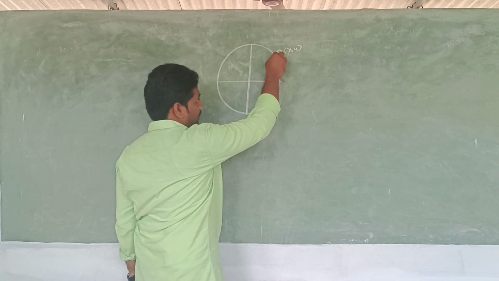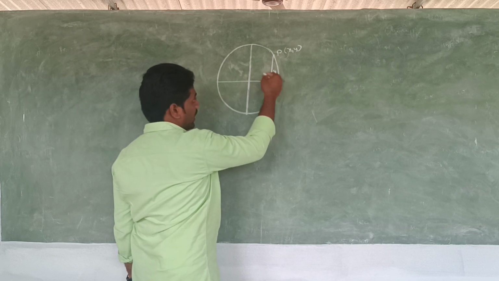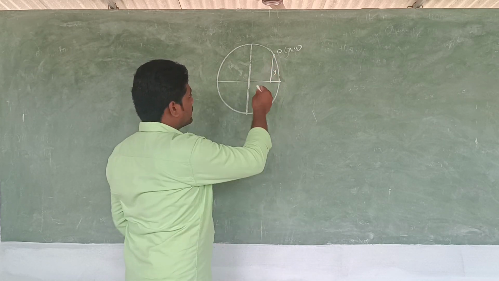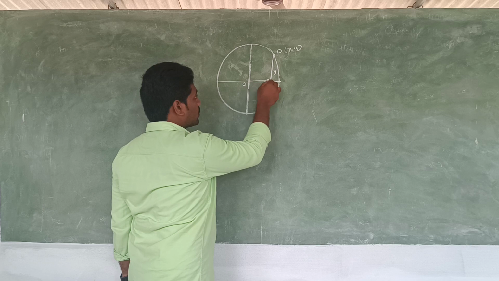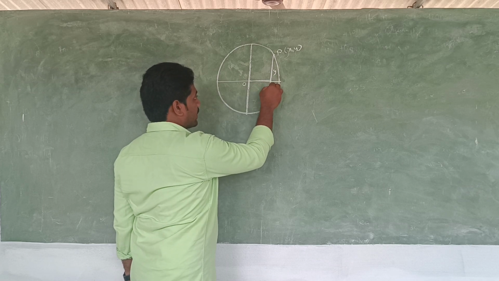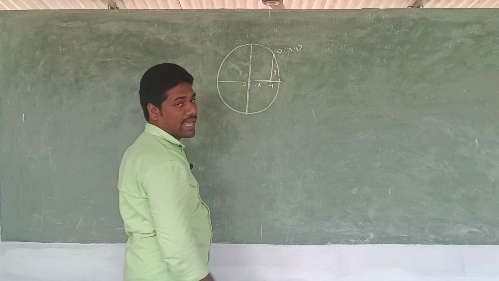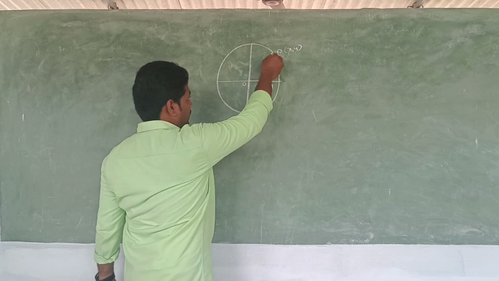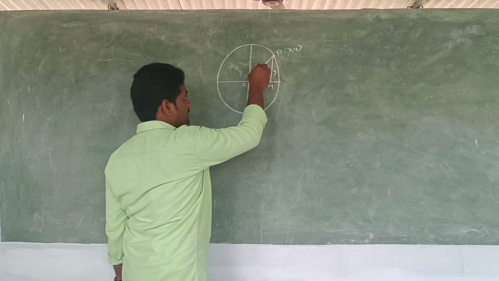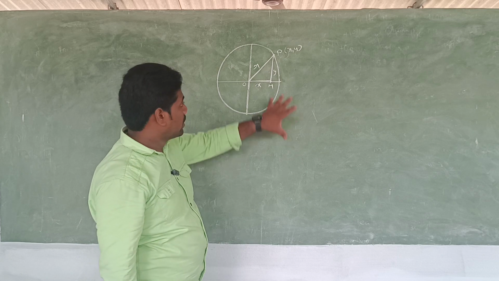The distance from P to the x-axis is y. The distance from the origin to this point, suppose it is m, this is x, and this is rotating with the radius r.